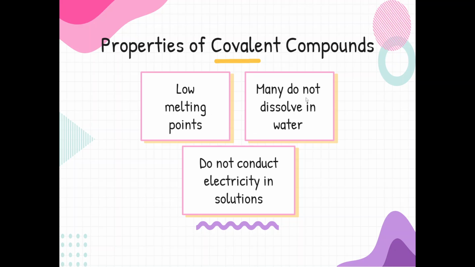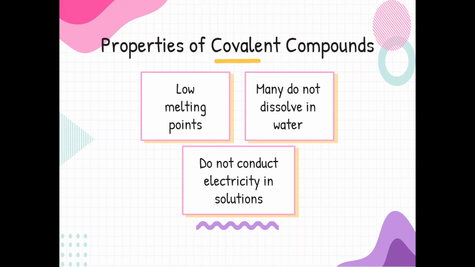Many covalent compounds do dissolve in water, but many do not. We'll talk about the solubility of compounds a little bit later in the course, but one property that we're going to see in lab next week is that some covalent compounds do not dissolve in water. Finally, covalent compounds do not conduct electricity when dissolved in solutions like ionic compounds do.